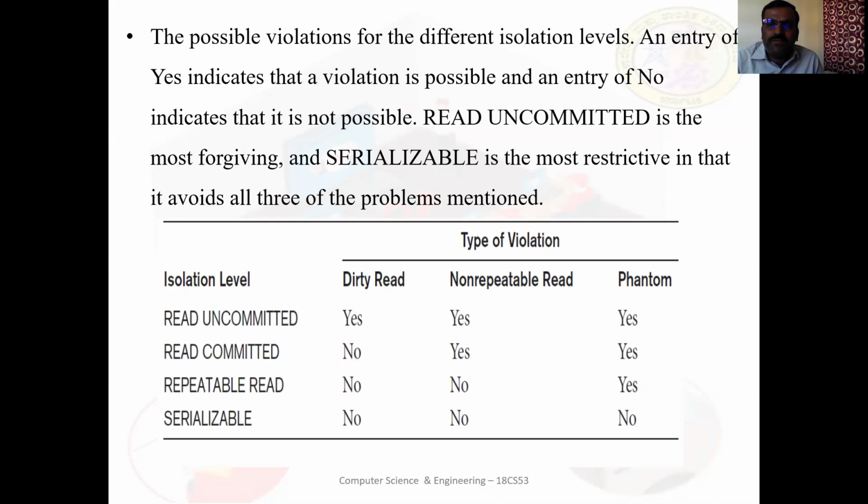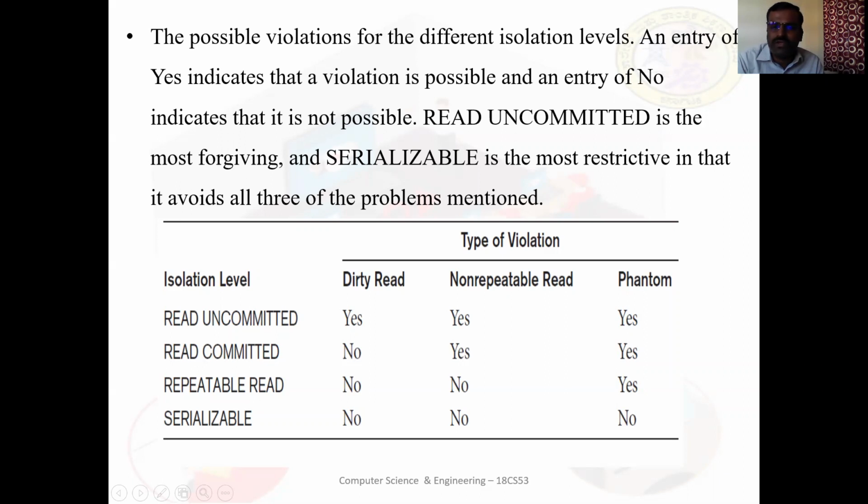Read uncommitted is the most forgiving and serializable is the most restrictive in that it avoids all three of the problems mentioned. There are three types of violations: dirty read, non-repeatable read, and phantom. And there are four levels of isolation: read uncommitted, read committed, repeatable read, serializable.